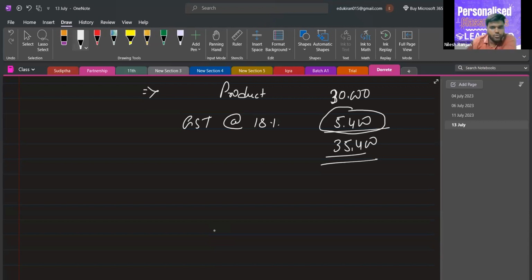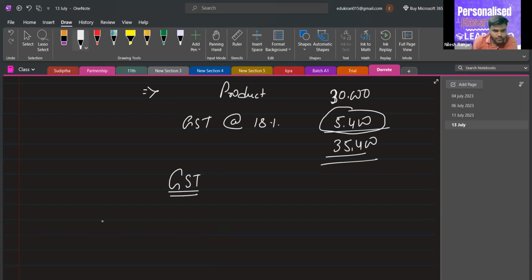Whenever we see a product whose price is inclusive of all taxes, they collect tax from us and then they pay it to the government. So the process is GST, three types.